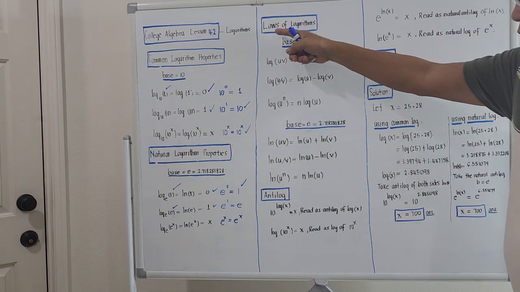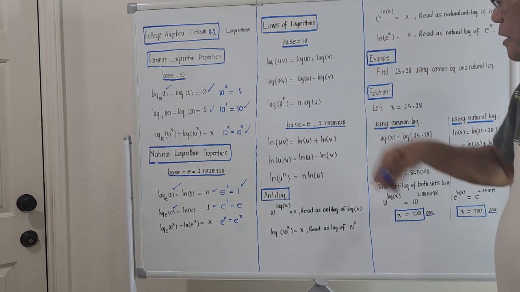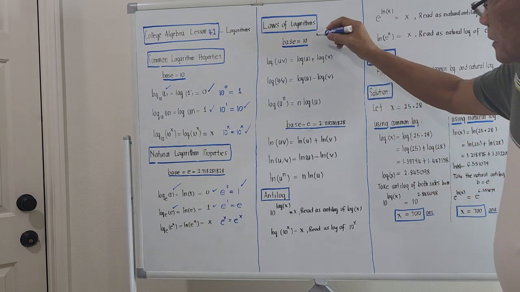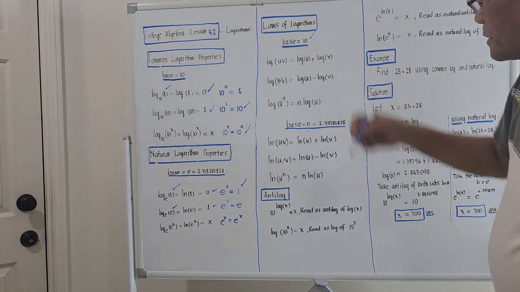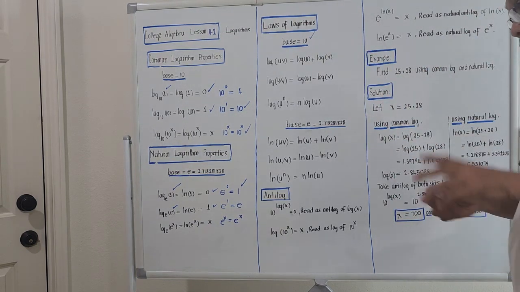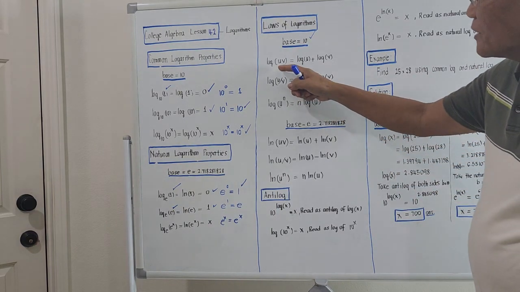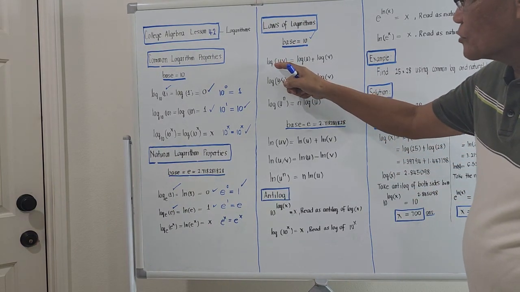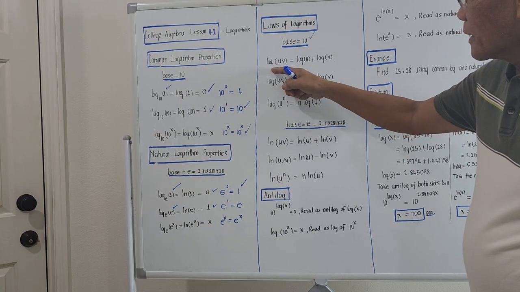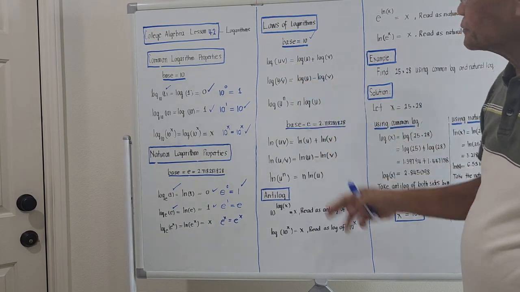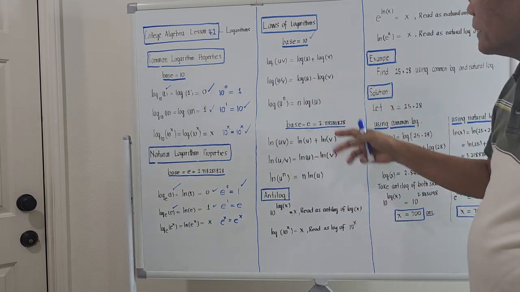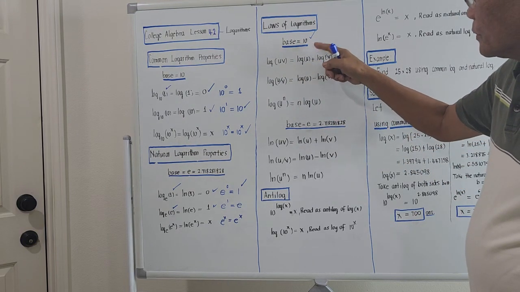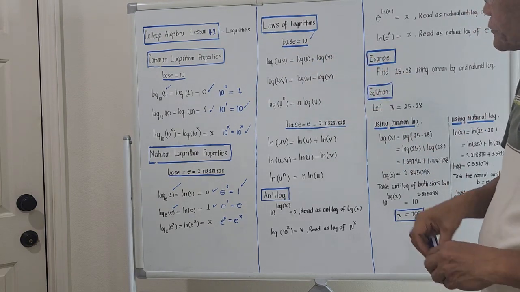So if we try to bring out the laws of logarithms, number one, if the base is 10, of course it is a common logarithm, right? I will not place anymore the base 10. It is understood to be common log. The common logarithm of the product ub, if we try to expand this one, it will be the logarithm of u plus the logarithm of b.